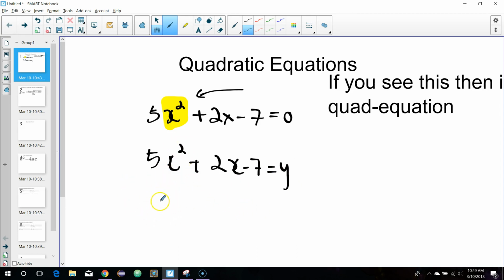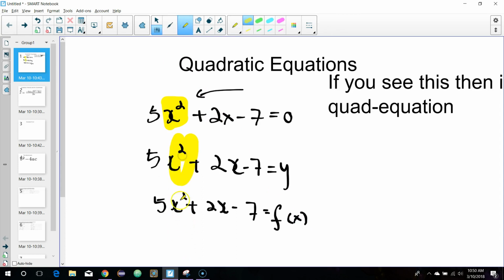And if you're in Algebra 2, they may say 5x squared plus 2x minus 7 is equal to f of x, like a function of x. All of this is a quadratic equation, so long as you have that x squared term.